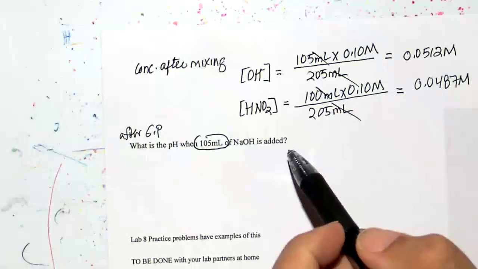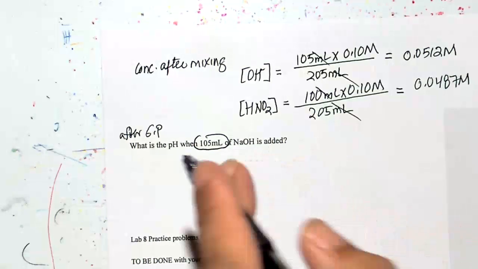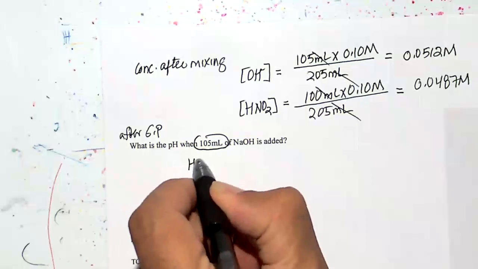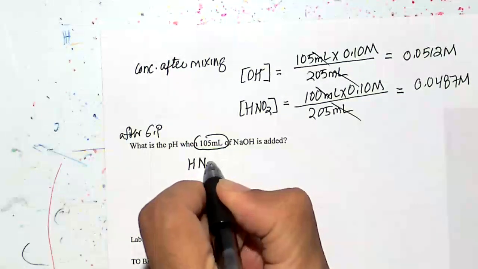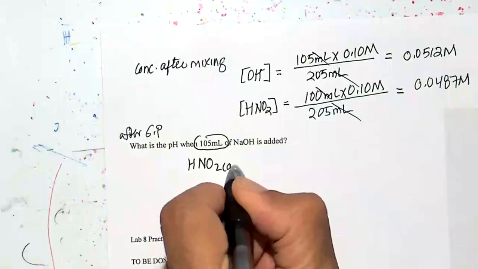So we add from the burette 105 mLs of sodium hydroxide to the HNO2.